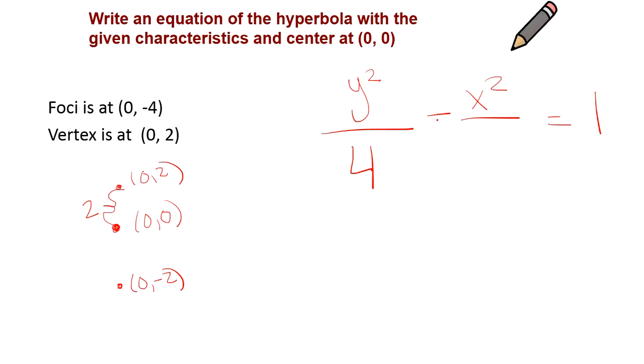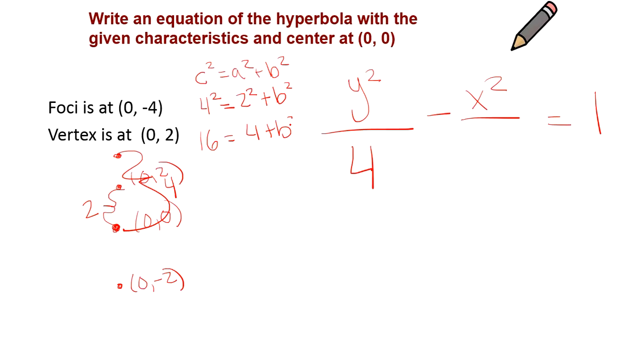Now, to find our b value, we do know c, because for the foci, remember c was the distance from the center to the focus, or one of the foci, which is 4. So I know c squared equals a squared plus b squared. So 4 squared equals 2 squared plus b squared, because a, remember, was 2. So I got 16 equals 4 plus b squared.